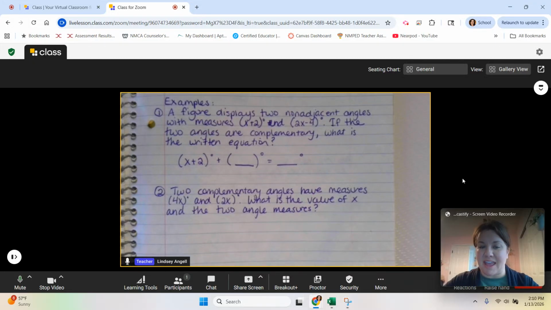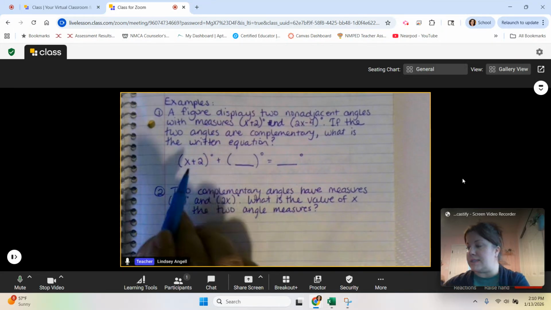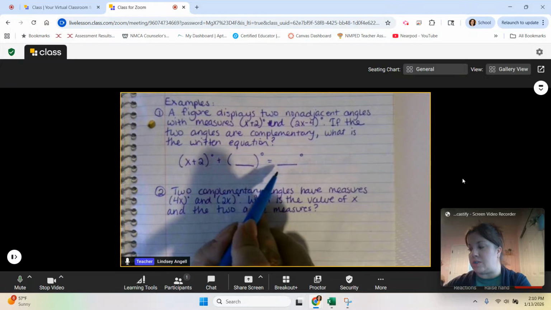Okay, number 1, a figure displays two non-adjacent angles, so meaning two angles that don't share a side or a vertex, with measures x plus 2 and 2x minus 4 degrees. If the two angles are complementary, what is the written equation? So they already set it up for you at least a little bit. You have to fill in the other two blanks.